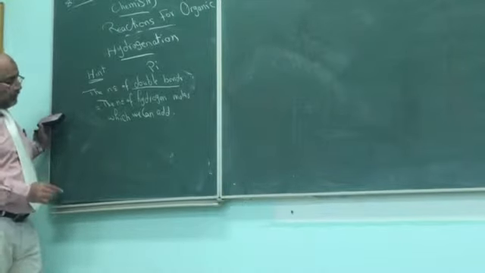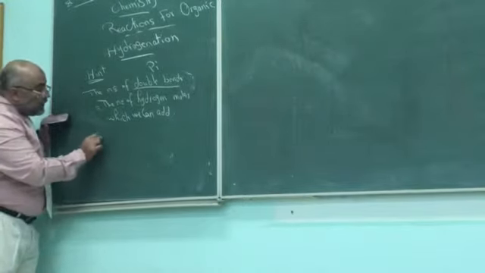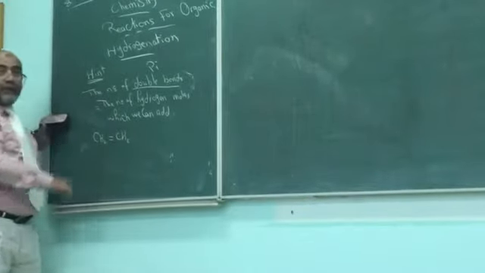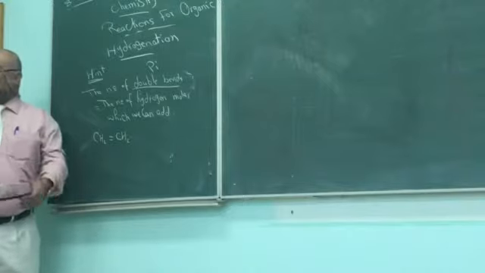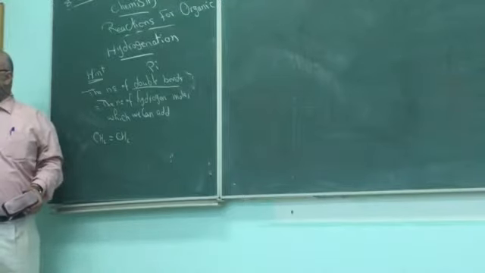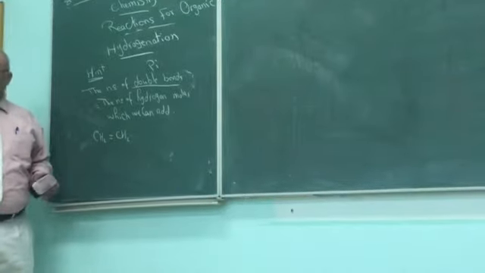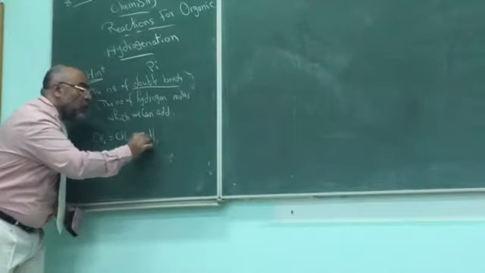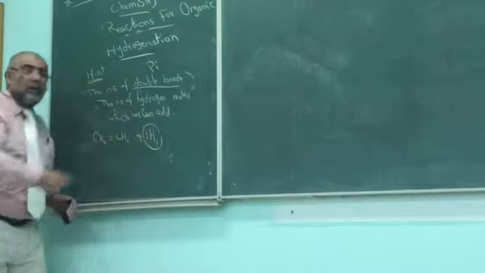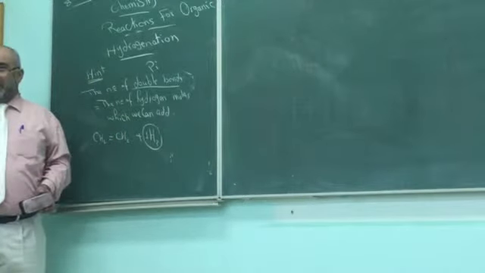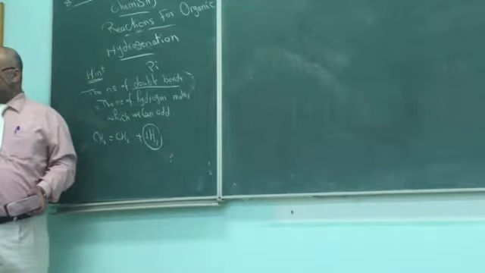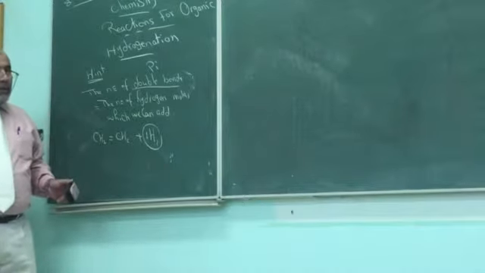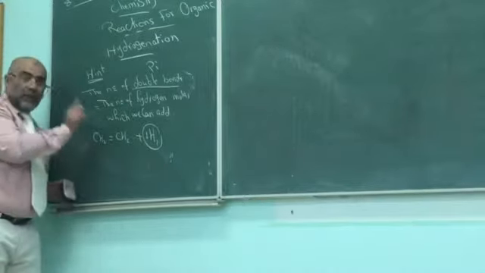Look at this one. We have here CH2 double CH2. How many pi? 1 pi, right? How many double? 1 double. How many moles of hydrogen do you need? 1 mole. I will repeat again. Okay? 1 by 1.